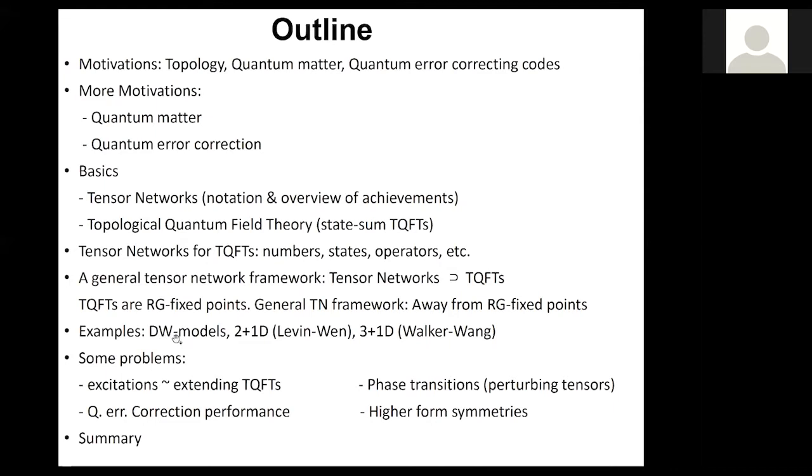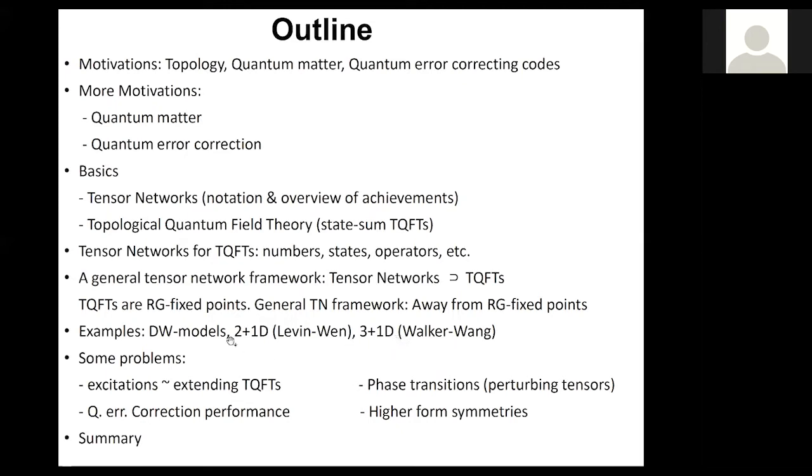These are called Dijkgraaf-Witten models, which also appeared in Niels' talk. Levin-Wen models, which are some kind of generalization of what Kitaev already did. And then in 3+1 dimensions, there's a model found recently by Walker and Wang.